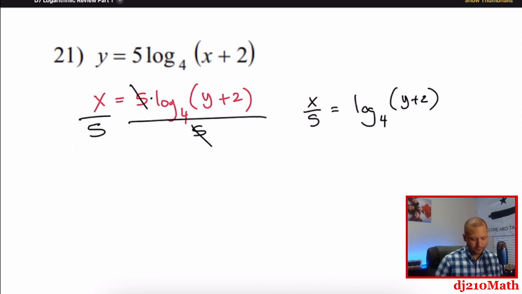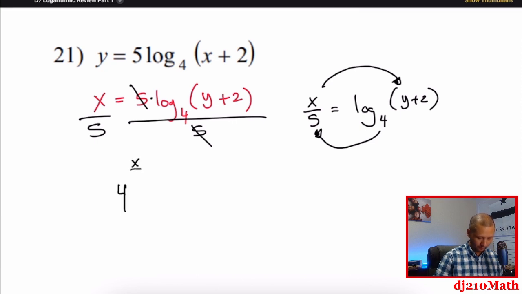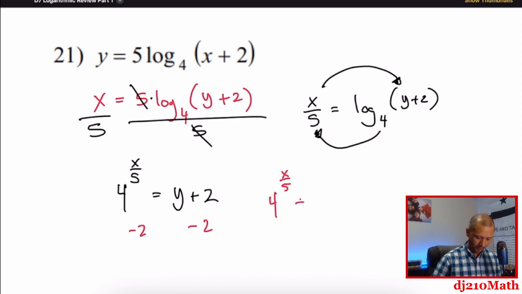The log's all by itself, so we have to get to the y. So this means 4 raised to this equals this. So we convert it to exponential form. And the last step, subtract 2 from both sides. So we get 4 to the x over 5 minus 2 is equal to y.